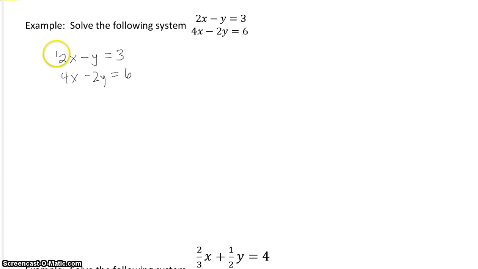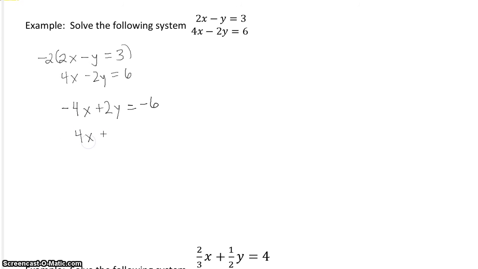Notice that this is already a 4, so I'm going to get these to match up by timesing this by a negative 2. I picked negative 2 because that makes this a negative 4x. This becomes a positive 2y, and that's going to equal a negative 6.